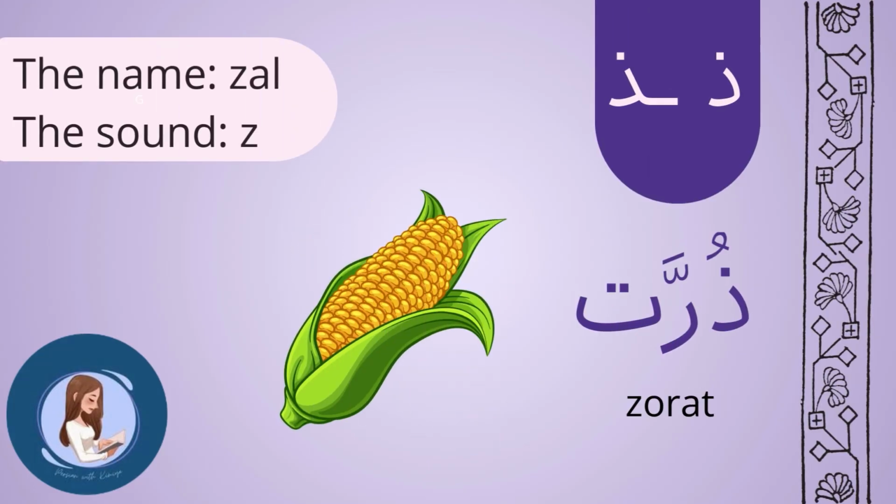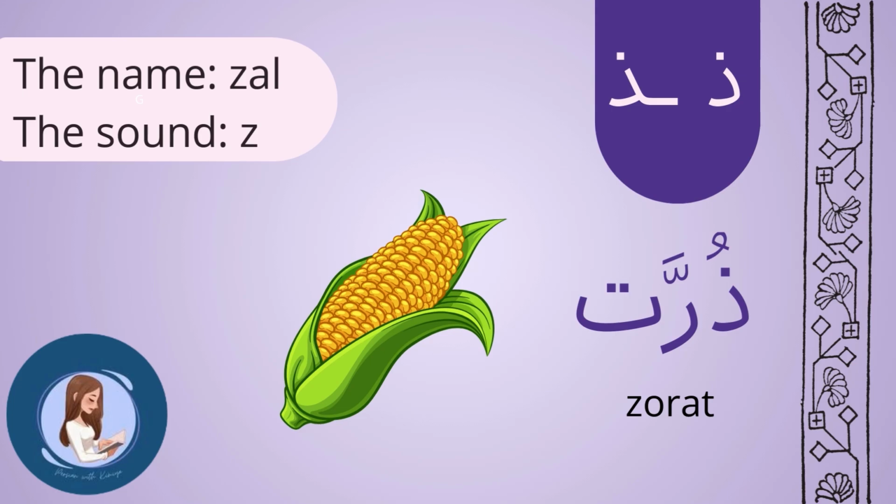And this letter, Zal, the name is Zal, the sound is Z, like Zorrat. Do you hear how I pronounced the Re sound? I don't say Zorat. No, that's not correct. That sounds so strange and weird if you say it like that.